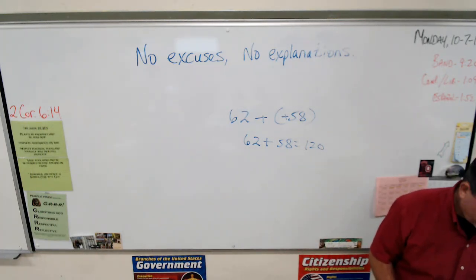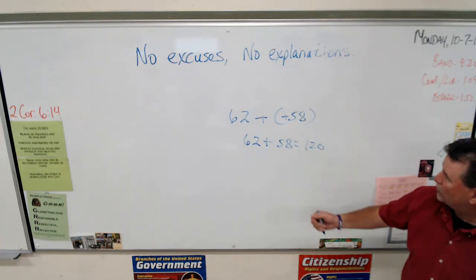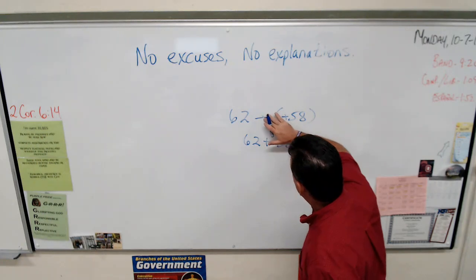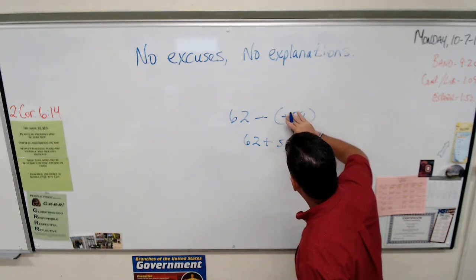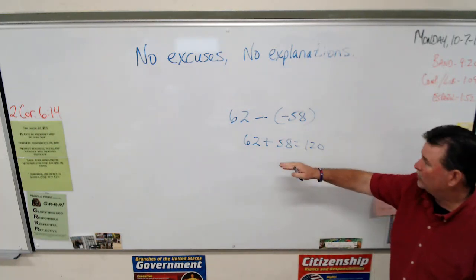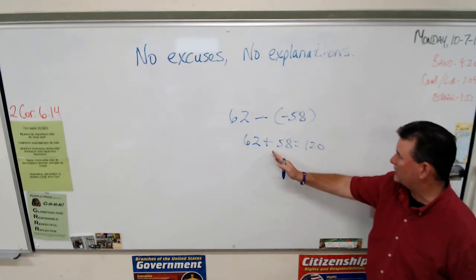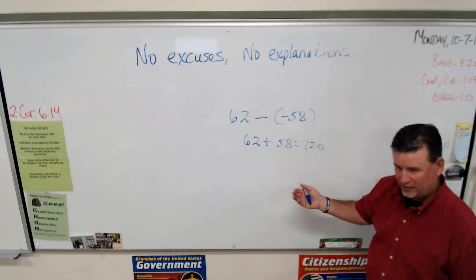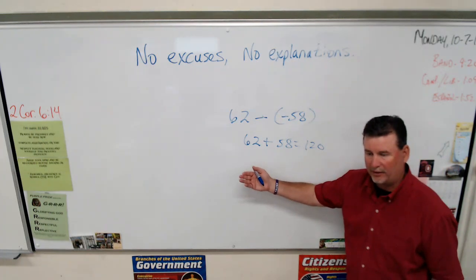So look, this started out, Noah, as 62 minus negative 58. I changed to 62 plus positive 58. Does that make sense? You don't actually subtract, you add.